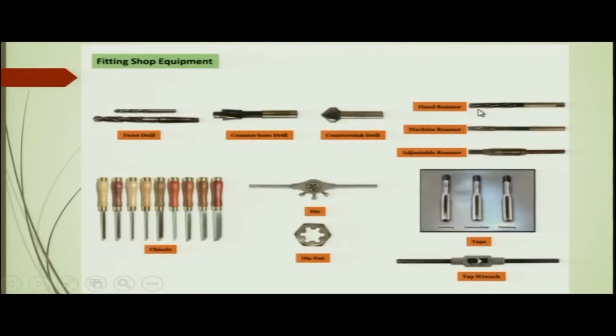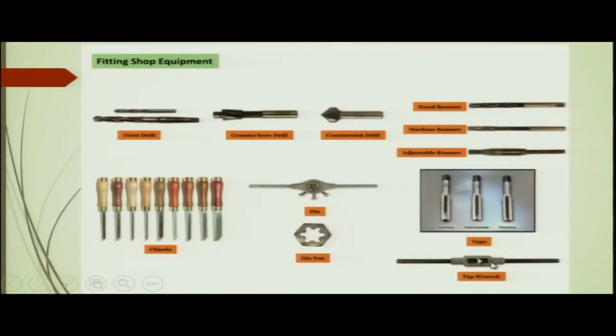This is the hand reamer, where the reaming of the hole after it is drilled has to be done by hand. That means there will be a holder. You can see the holder here, for example. That is called the tap wrench. In the tap wrench, you can put the hand reamer, and at the end of the hand reamer there is a square cross section.